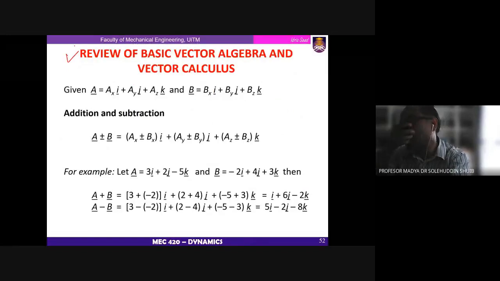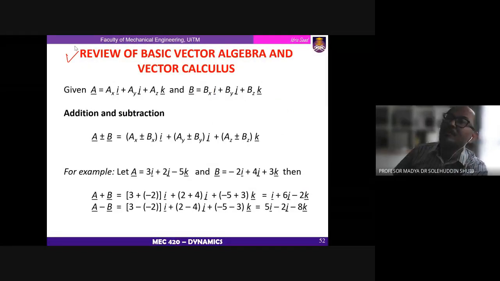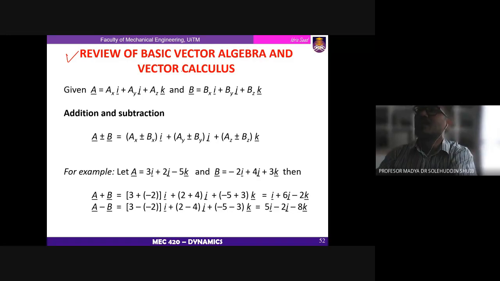Another important thing I would like you to review is the basic concept of algebra, addition and subtraction with A and B. To add and to subtract is straightforward. We have an example.